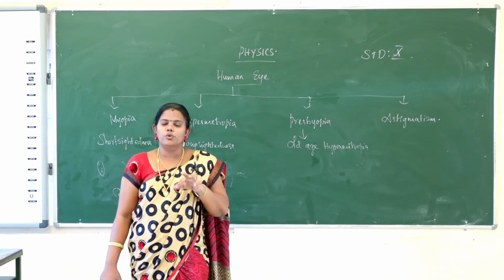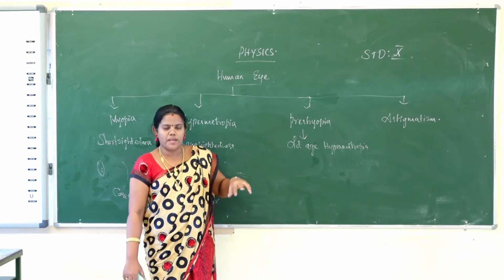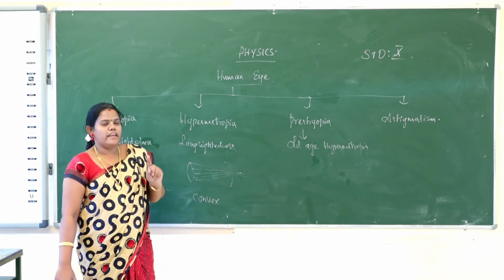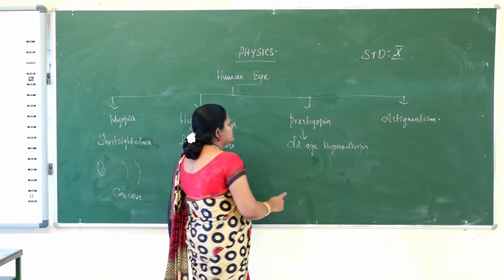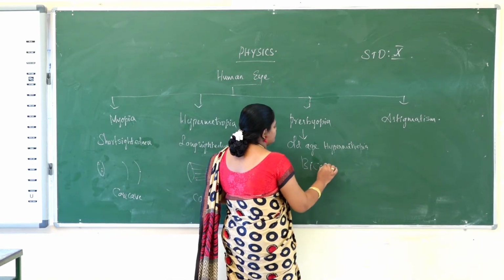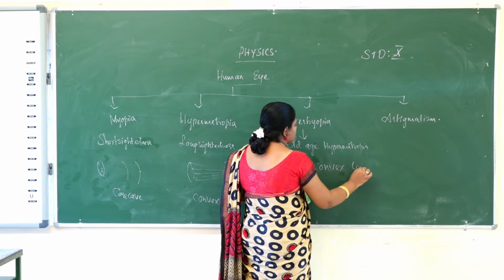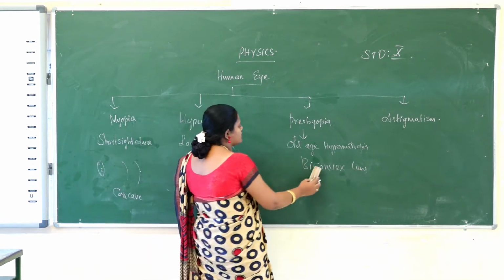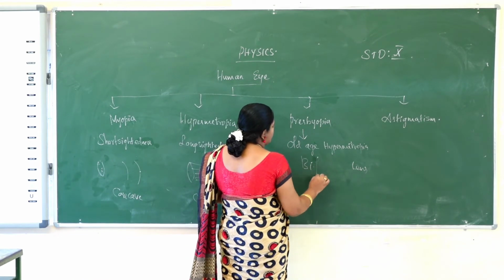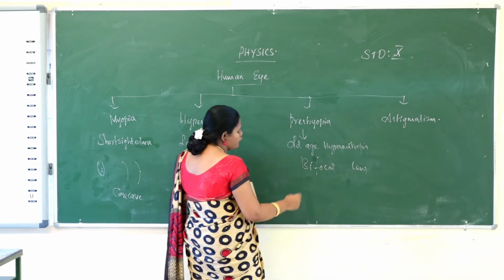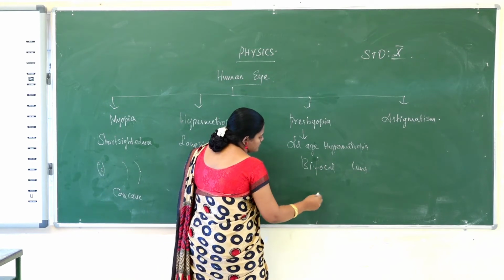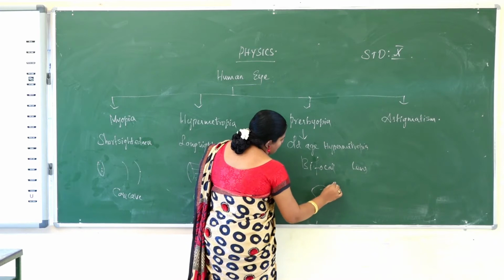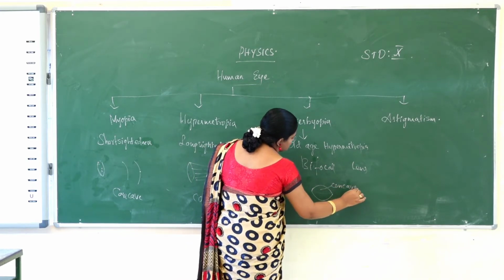Some persons have both defects, hypermetropia and myopia. If one person has both, they wear a biconvex or bifocal lens. What is the meaning of bifocal lens? It means the specs will have two lenses: the upper side is concave and the lower side is convex.